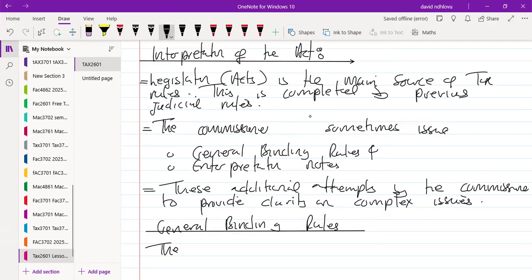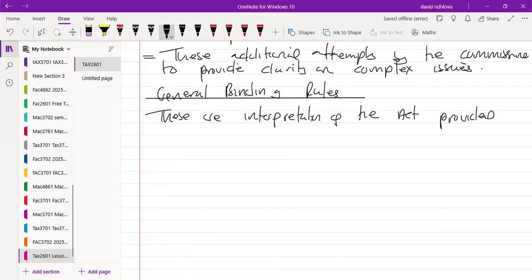These are interpretations of the act provided by the commissioner, as mandated by Parliament.